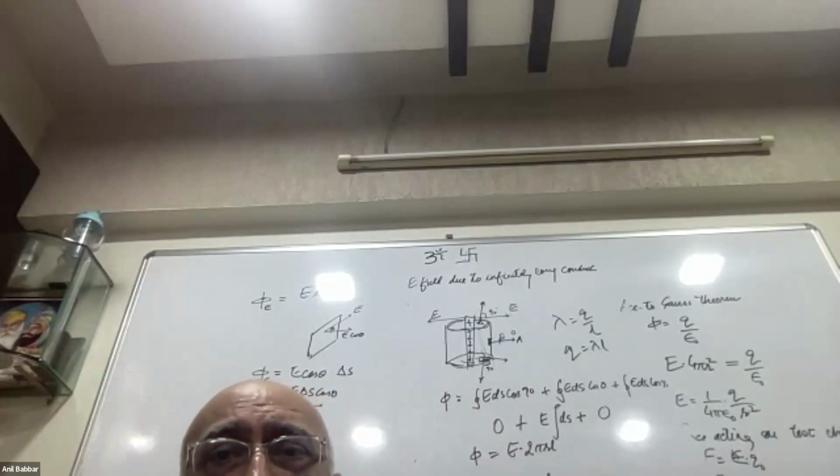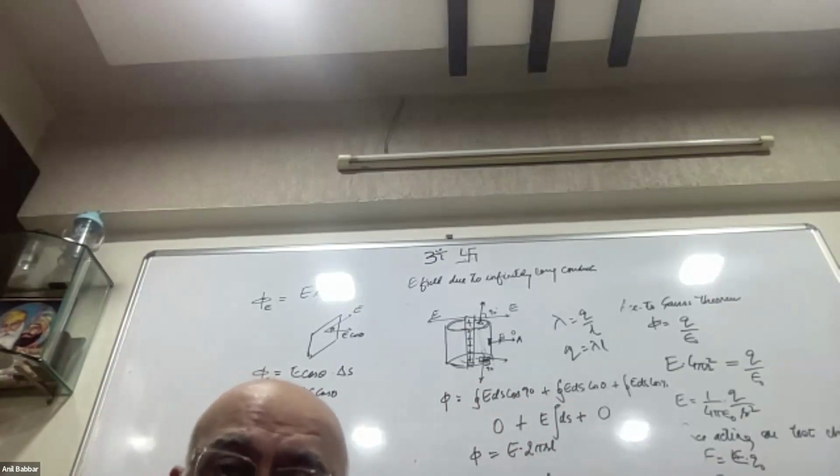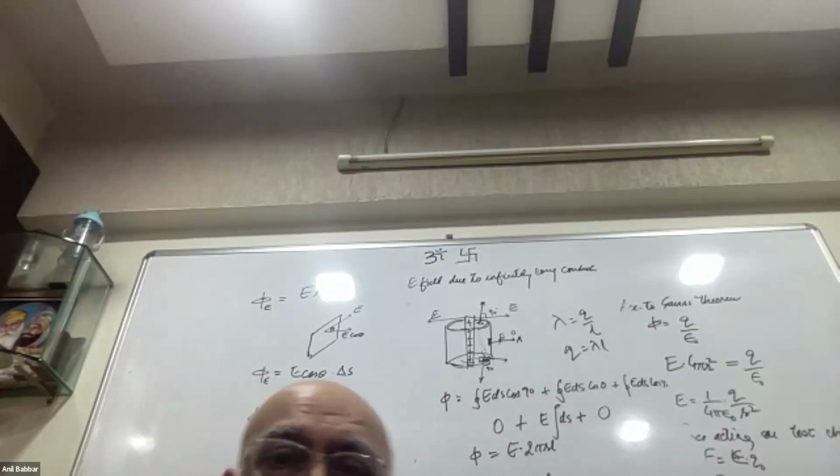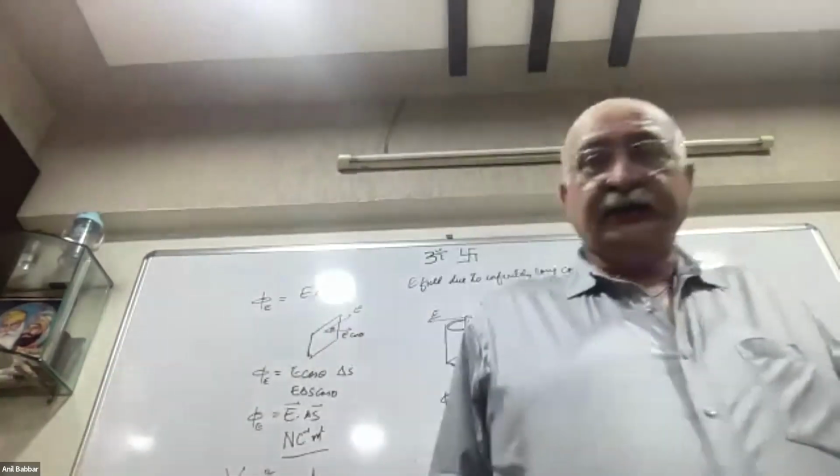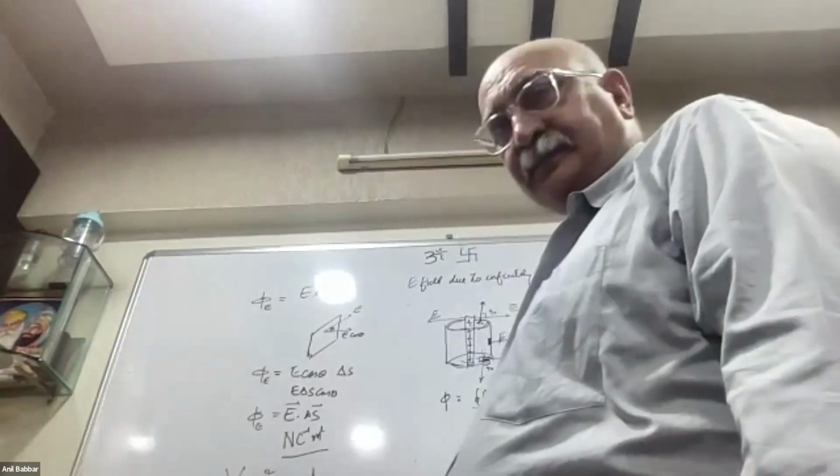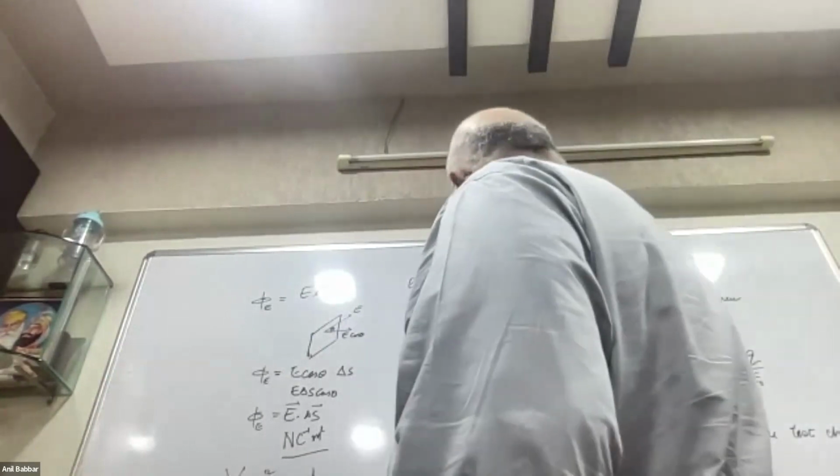Now let's find for the sheet. If we are given a plane sheet, and we need to find the electric field of a uniformly charged plane sheet. Right? So let us draw a diagram for that.